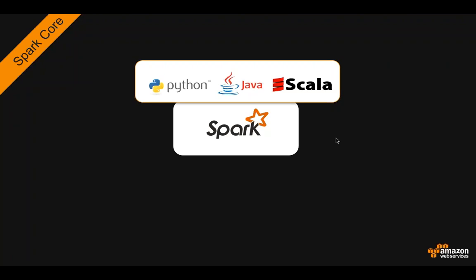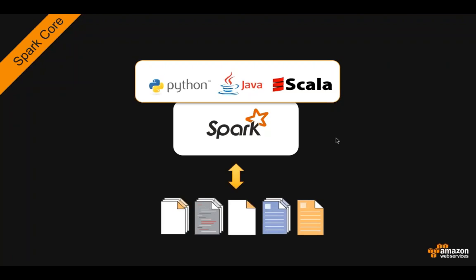The second part of what you get with Spark Core is access to your distributed data sets. The great thing here is that there's an enormous number of connectors that come with Spark that allow you to access these different data sets.